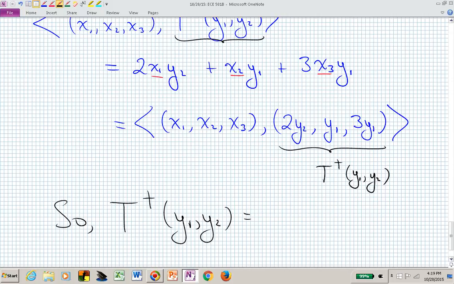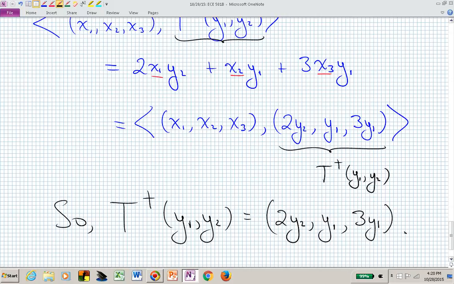That simply takes y1, y2, and it populates a 3 vector, and it does that in the manner of saying, take the second coordinate and scale it by 2, and that will become the first coordinate in T dagger W. The second coordinate is just the first coordinate of the original, and the third coordinate is 3 times the first coordinate.